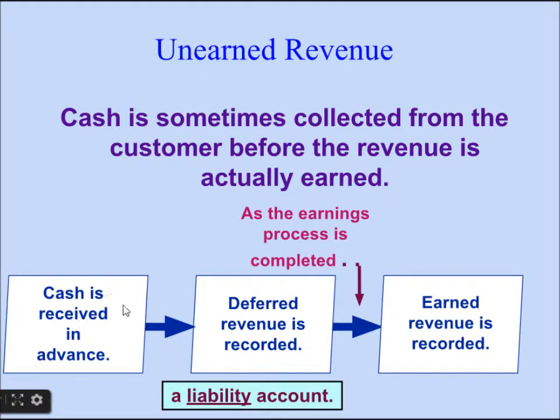So what happens is cash is received in advance, then deferred revenue is recorded, and then earned revenue is recorded. When you have performed the service, you have earned this deferred revenue, and it becomes your earned revenue.